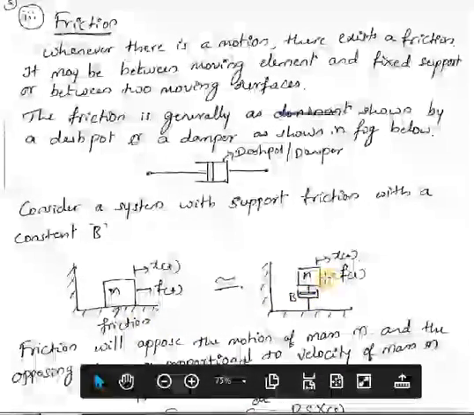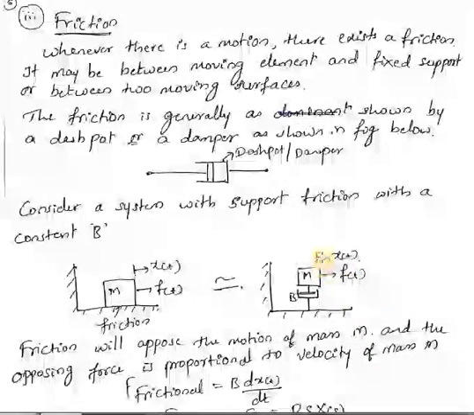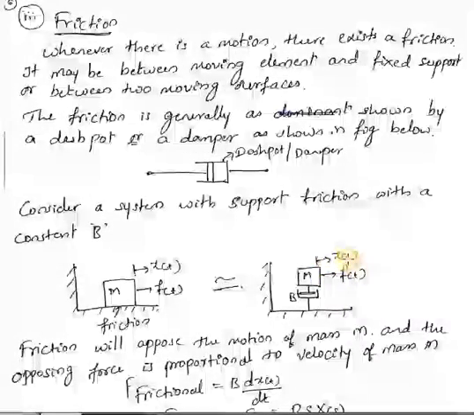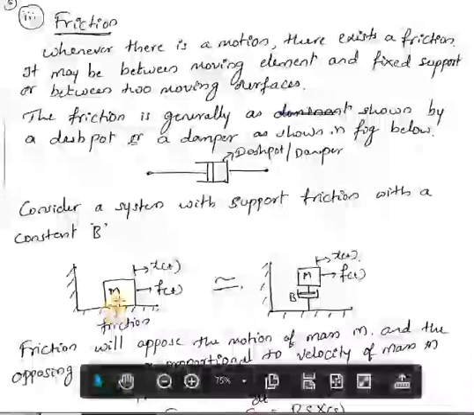So whatever force you apply, F of t on M, will have x of t as the displacement. Along with that, there will be some friction at the connecting surface of the mass and the surface.